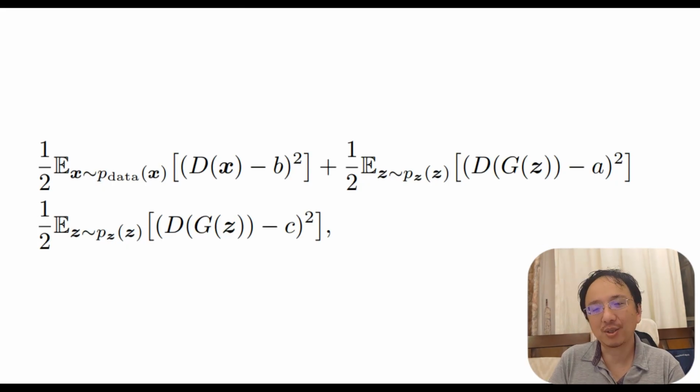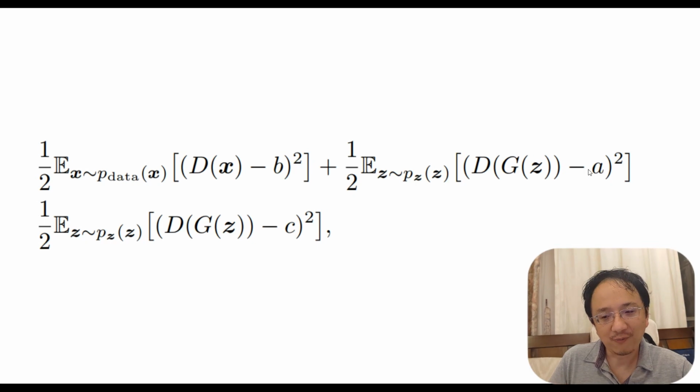Instead of forcing D(x) to be 1 when x is a real image and D(G(z)) to be 0 when G(z) is a fake image, it actually forces D(x) to be b when x is from the dataset, that is, when x is a real image, and D(G(z)) to be a.